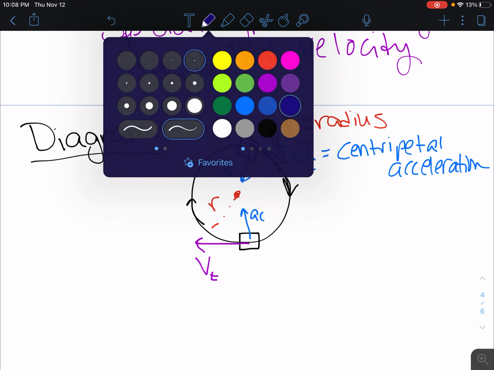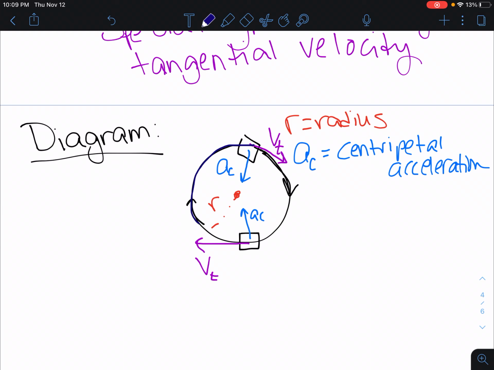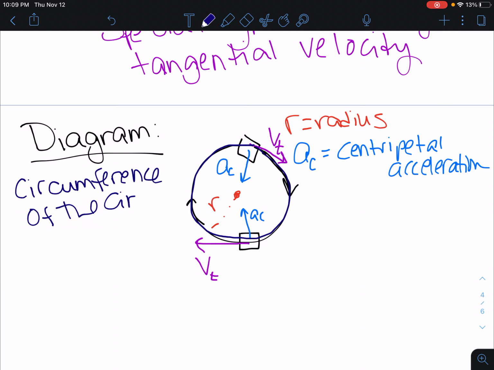You have learned in geometry how to figure out the distance around a circle. Okay, it has a name, the circumference. So the circumference of the circle equals the distance around the circle. So every one time the block goes around the circle, it travels a distance equal to the circumference.